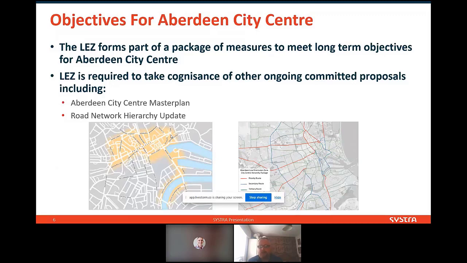So what we have to do as part of the low emission zone is take account of the fact when we do displace non-compliant traffic from the city centre, then we're not putting that traffic on roads that's not appropriate, minor roads, local routes. So that is another layer of cognizance that we had to take when developing a low emission zone.